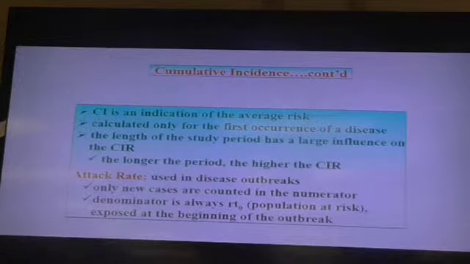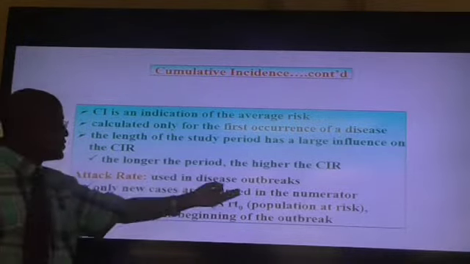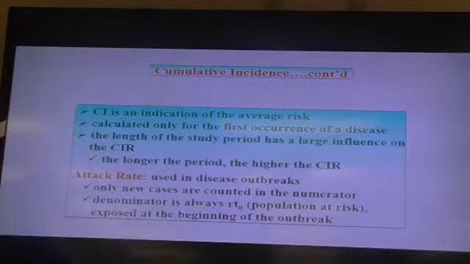This is the term that we usually use in outbreaks, attack rate, which is similar to cumulative incidence rate. This is used in outbreaks. We look at this in detail when we start outbreak investigation.